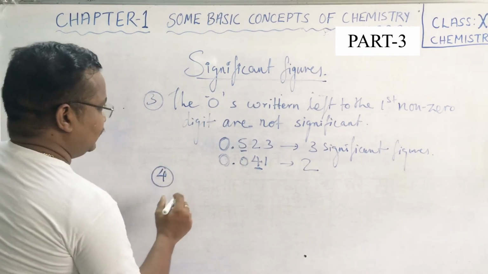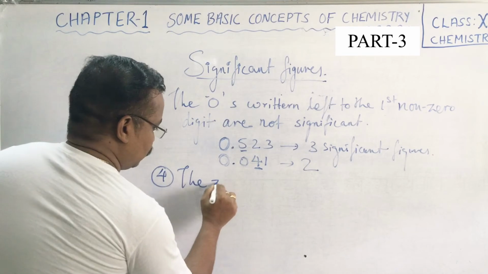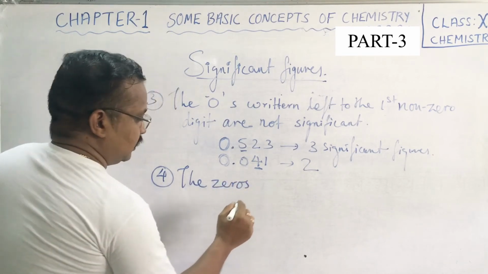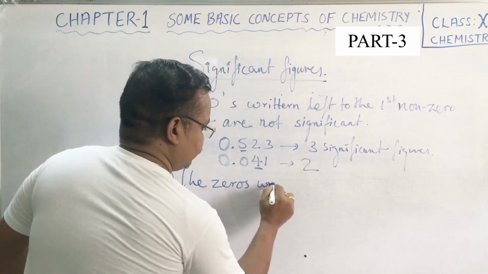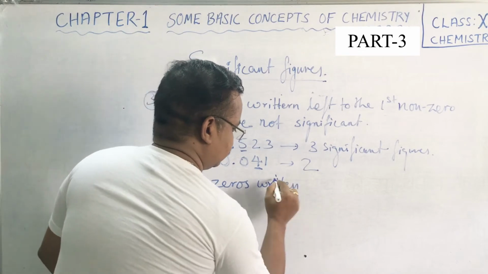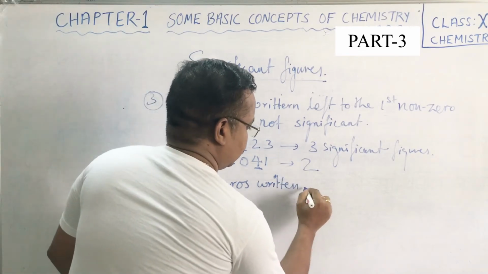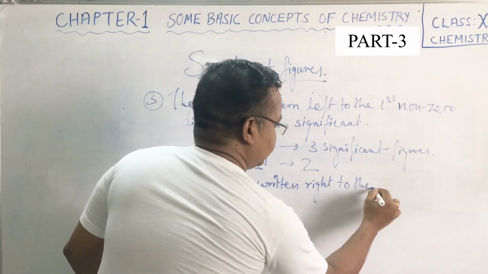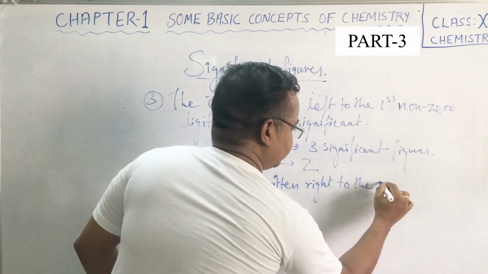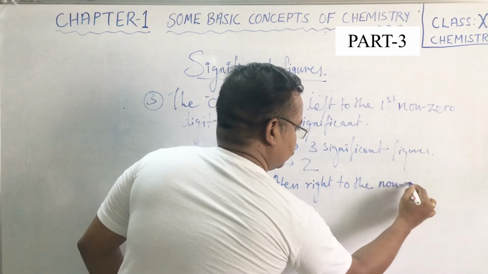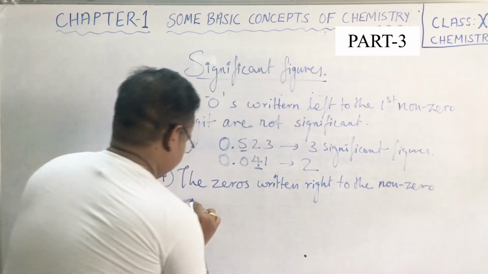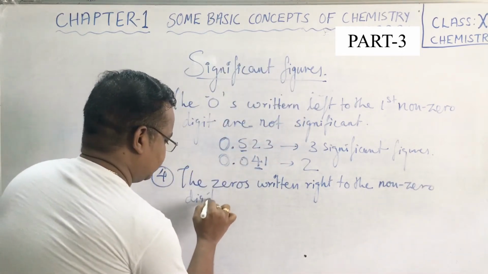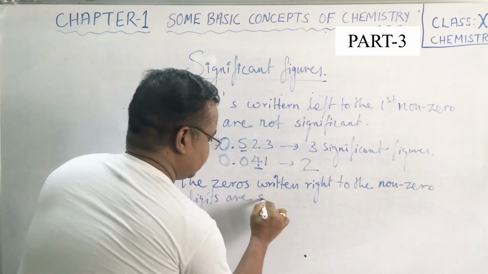The fourth point is the zeros written right to the non-zero digit are significant.